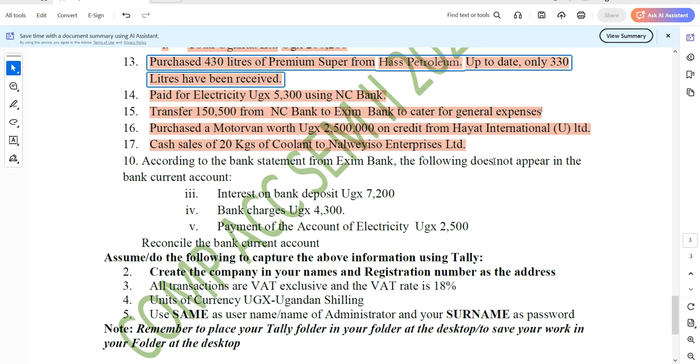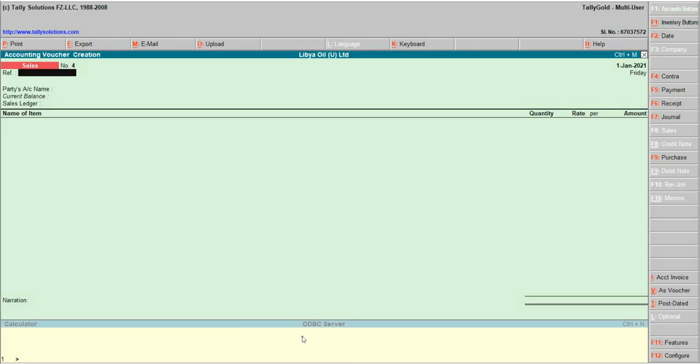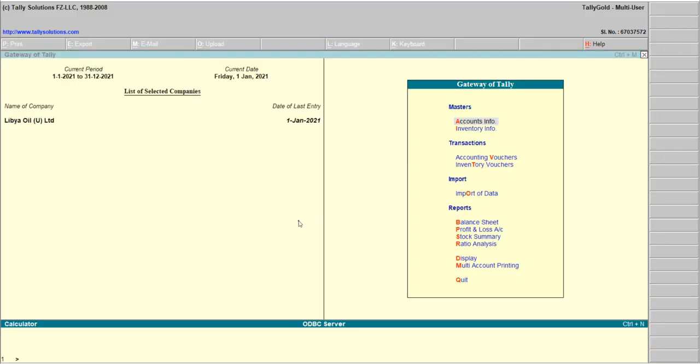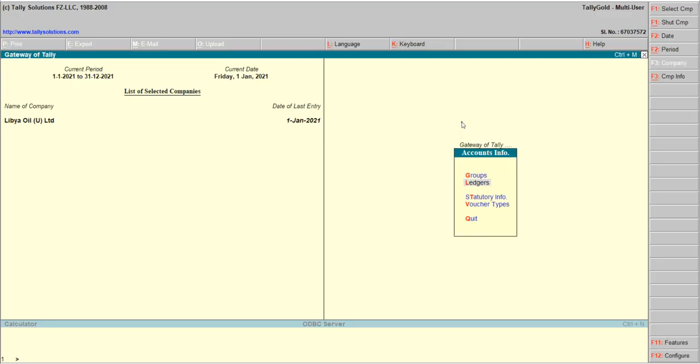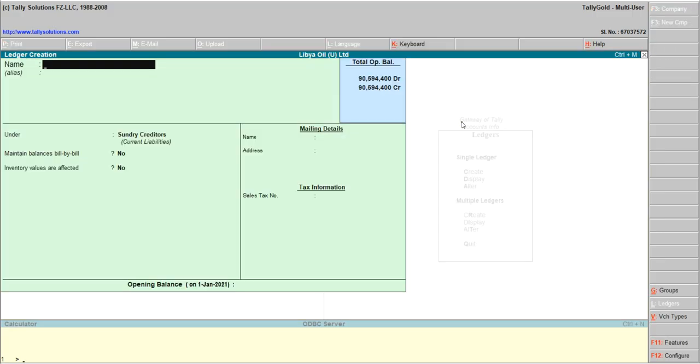Interest on bank deposit. This is an income, so we're going to create an interest income. Go back to ledger creations and accounts information, ledgers, single ledger creation. Interest income on bank deposits.